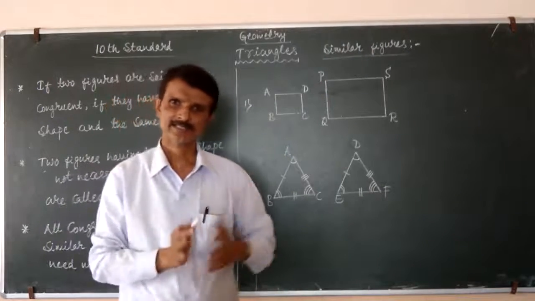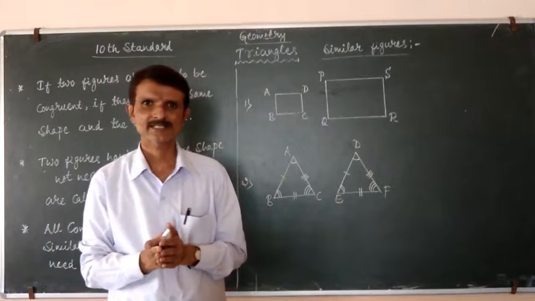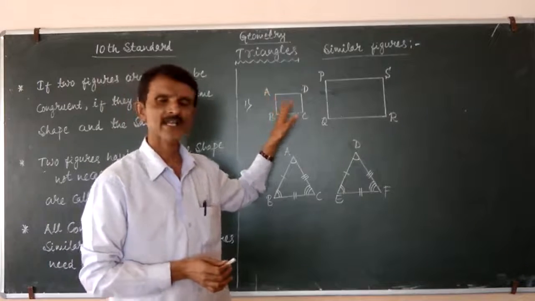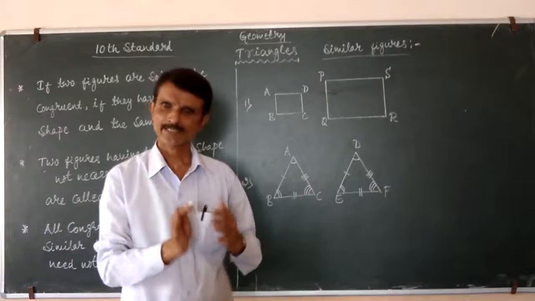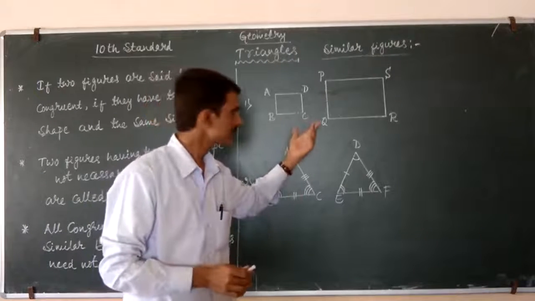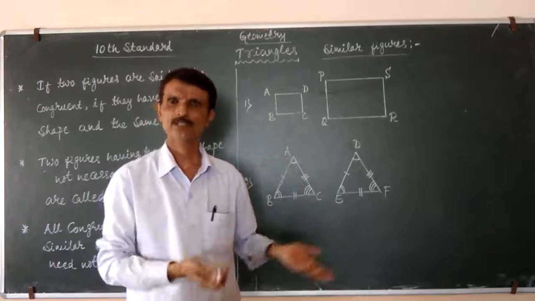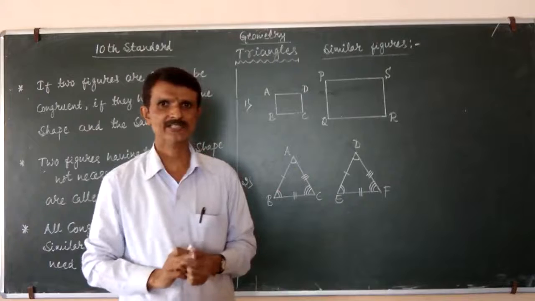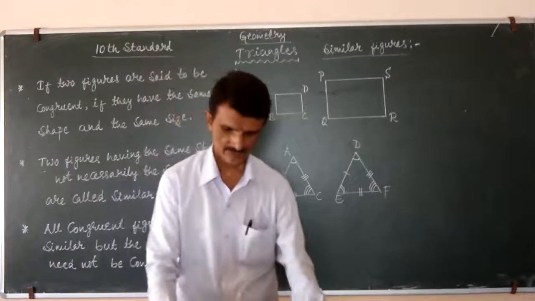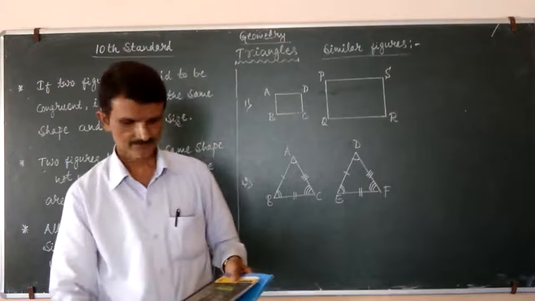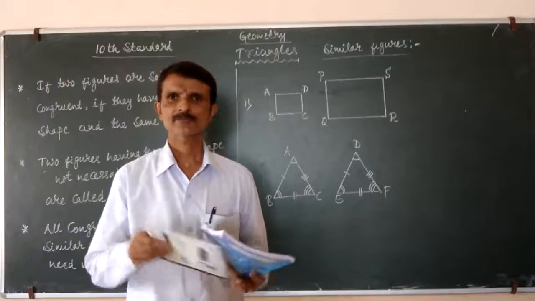Students, understand the definition of similar figures: figures having the same shape, while their sizes may or may not be equal. The only condition is that they have the same shape. Now observe this under one example.